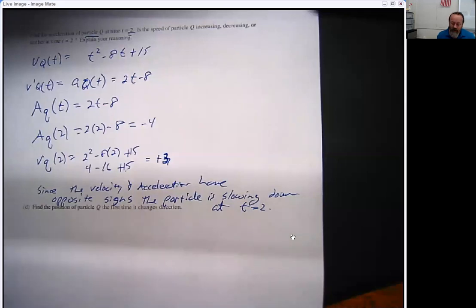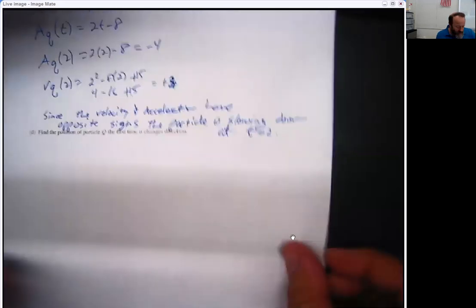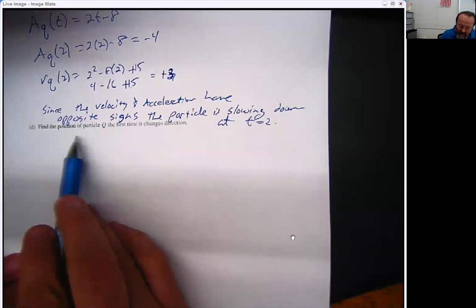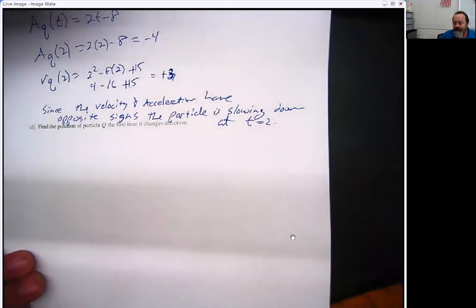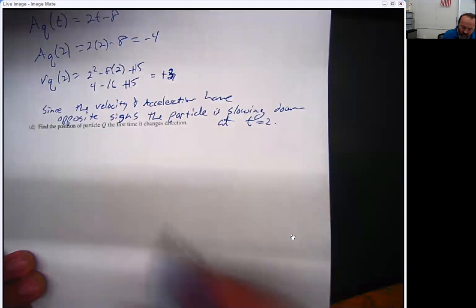But just like in an English class, you want to restate and validate what you are actually trying to find. Now, the last little question that they have here is find the position of the particle the first time that it changes directions. Okay, so we're looking at q.